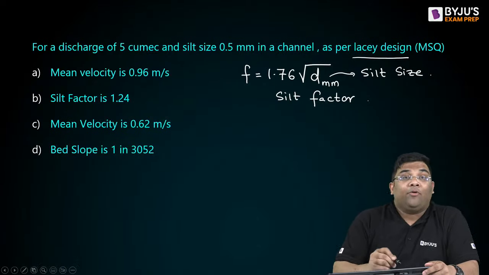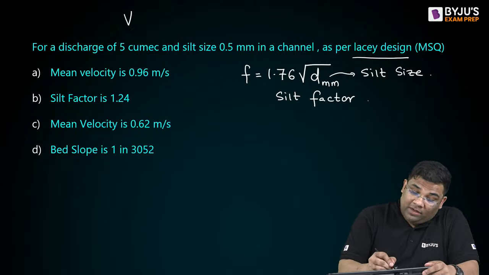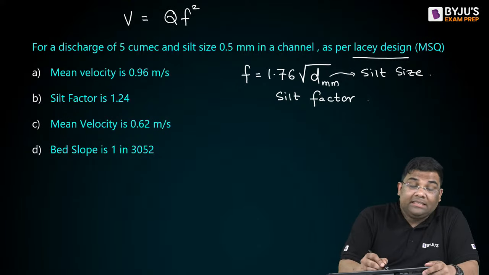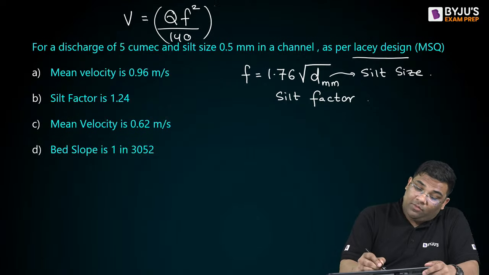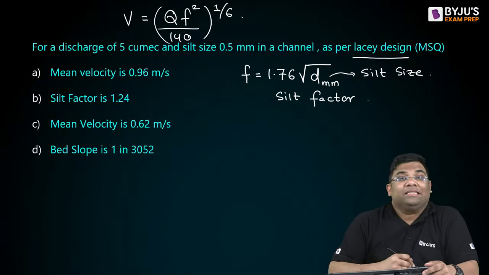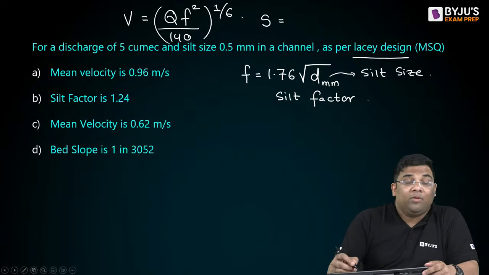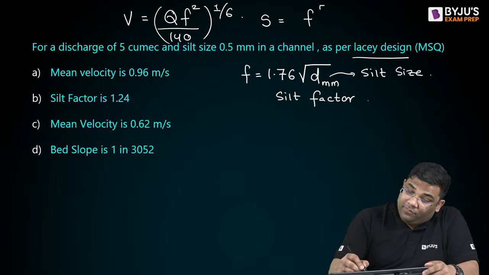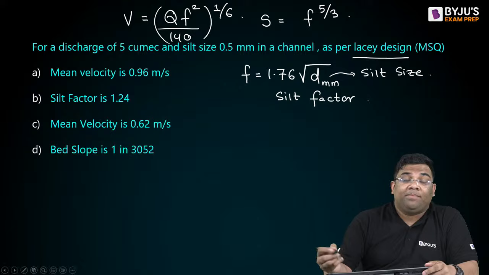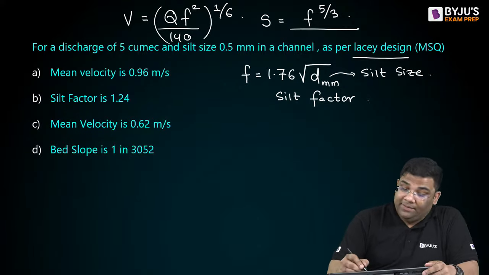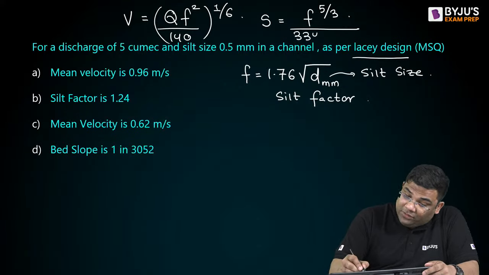Now we should know how to find out the mean velocity: Q discharge times silt factor squared divided by 140, to the power 1 by 6. And the bed slope formula is the silt factor to the power 5 by 3 divided by 3340 Q to the power 1 by 6.